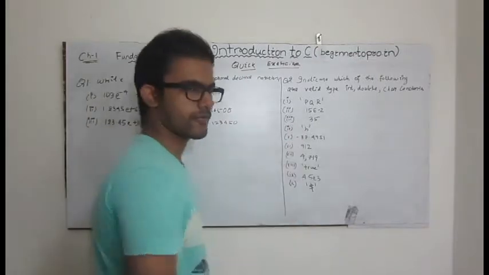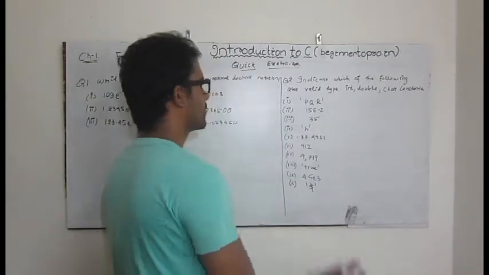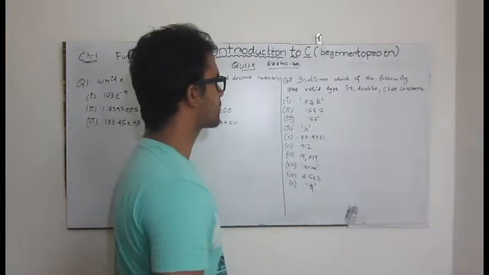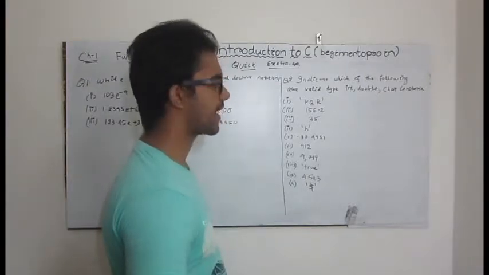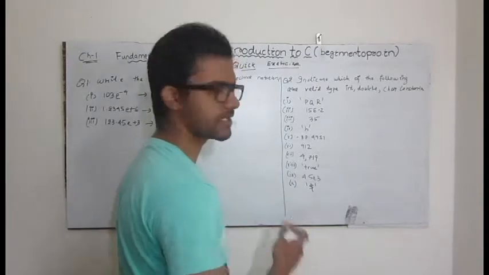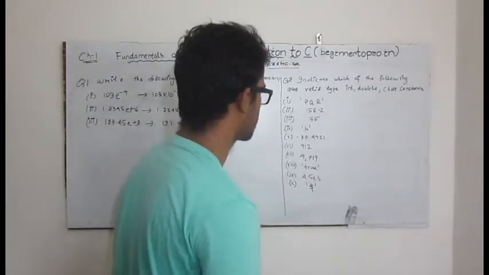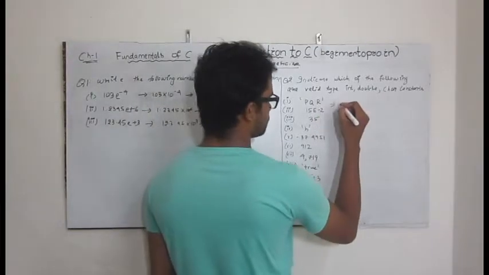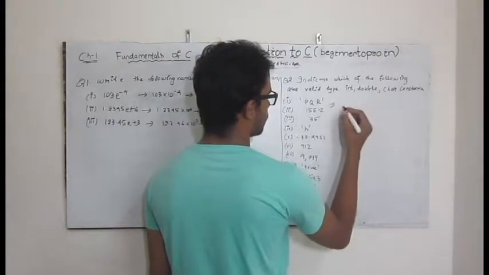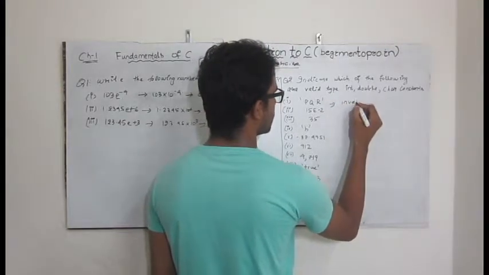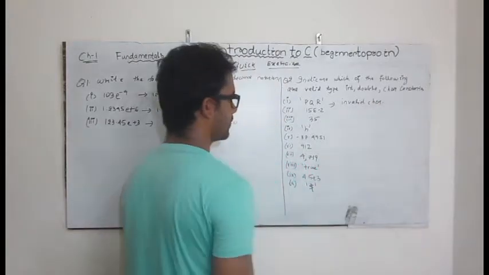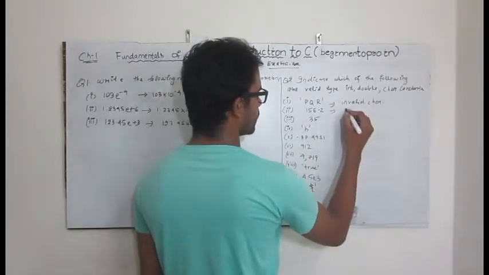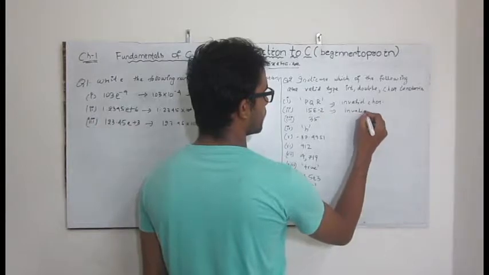Let's move to question number 2. It's saying indicate which of the following are valid type integer, double, character constants. Integer, double and character constants. As I have told you earlier, it is an invalid character. This will also be an invalid double.